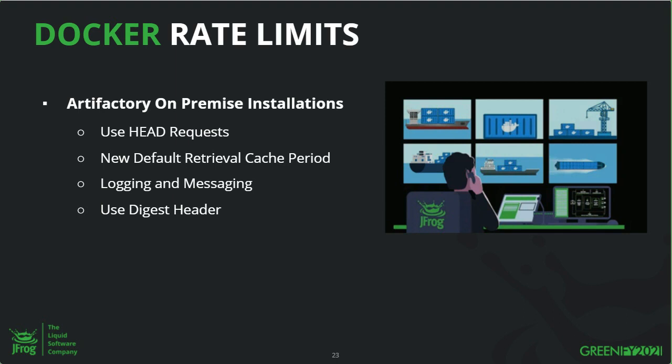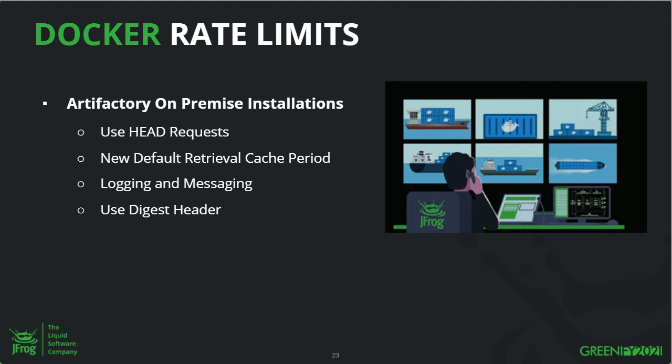Before that, Artifactory didn't use head requests at all, and we routed all requests as a GET request. In light of those changes, we wanted to make sure that you are using your GET requests wisely and properly. So right now, you can use Docker Hub through Artifactory and not worry about any unnecessary GET requests sent from your instance to Docker Hub.